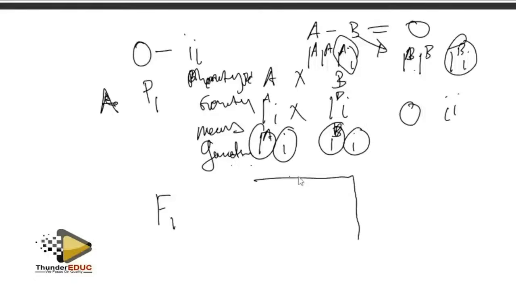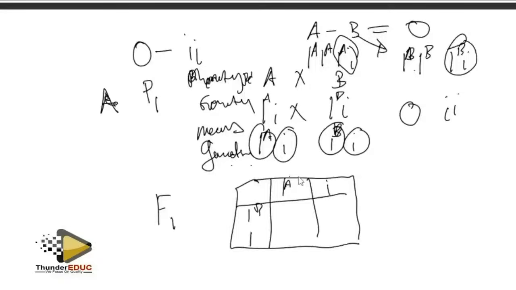For example, let me use the Punnett square because I've been using the cross. So you draw your Punnett square here, and then you say, okay, you have A, you have I here. You have B, you have small i here. And then now you cross, you're going to say this is AB, this is going to be B, and then this is going to be A, and then this is going to be O.